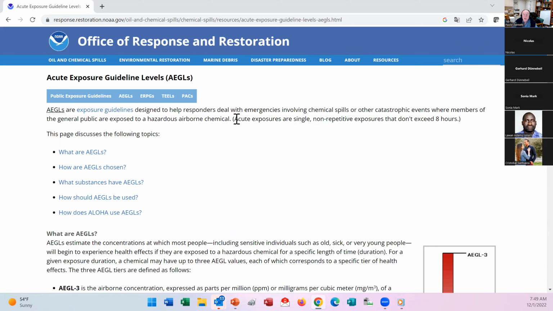Acute means a short term, for example a few hours or a day. Chronic is long term, for example 10 years. Acute is short term. So here you will find all the definitions.